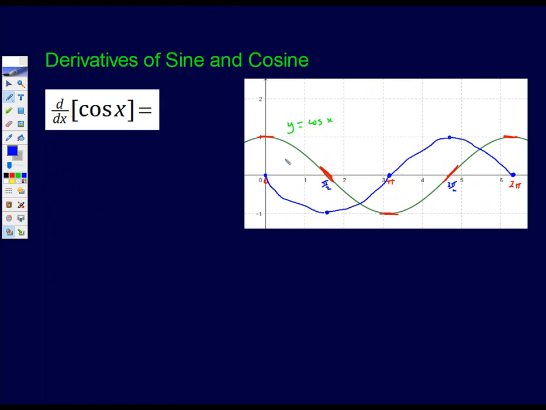It's doing the exact reverse of what I would expect the sine curve to do. So in fact, it's not the sine function, but it's the negative of the sine function. The derivative of the cosine, in other words, the slopes of the cosine function are measured with the opposite of the sine function. This would go in your green paper under box number 4.